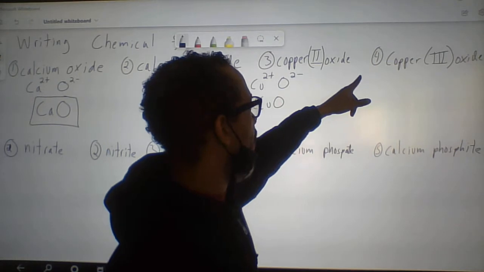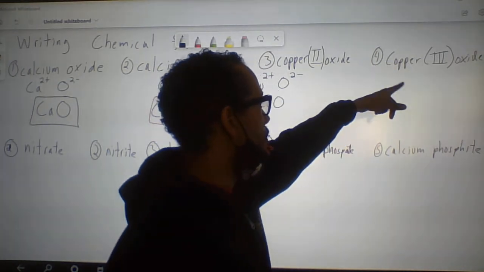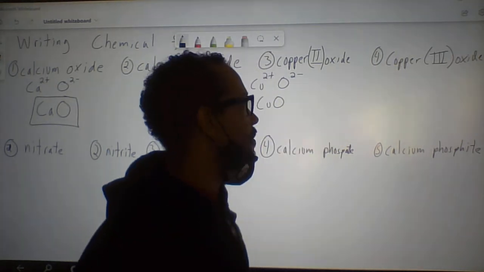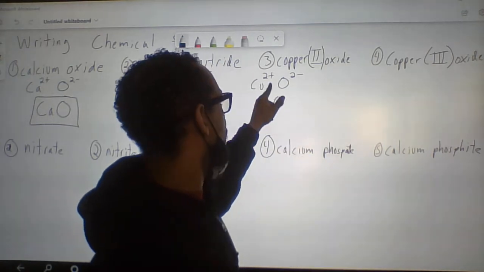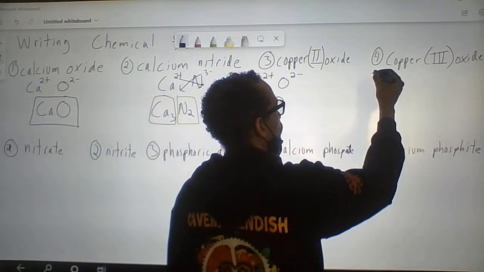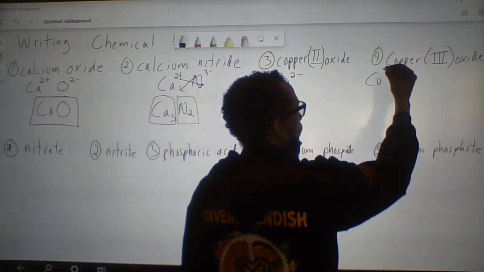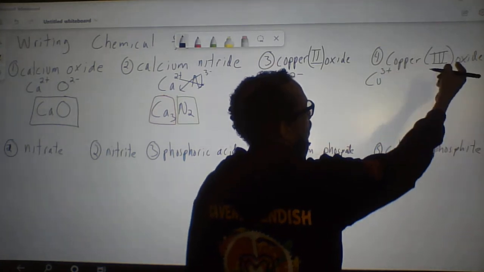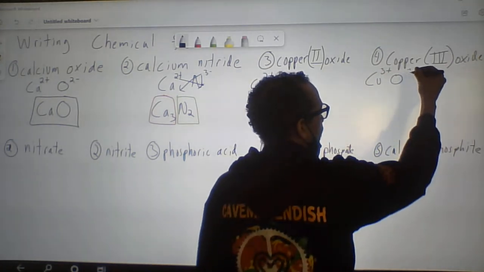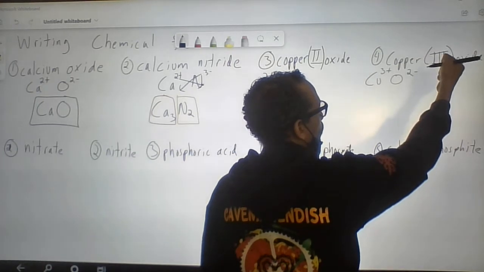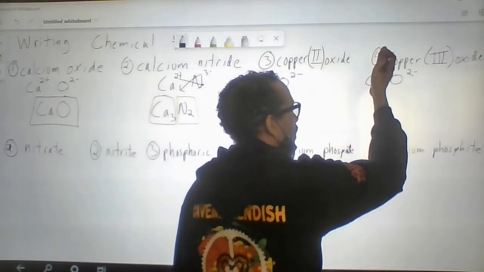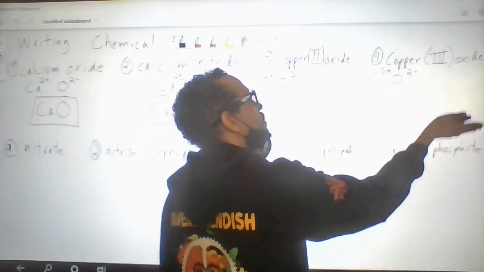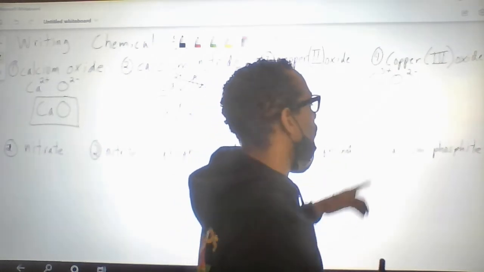Here, one of the big misunderstandings is that this one will be similar. Maybe we'll just add a 3 at the bottom as a subscript. Same process. We need to look at the charge first. Oxygen is always 2 minus. This Roman numeral never applies to the nonmetal. Roman numeral applies to the metal only every single time.